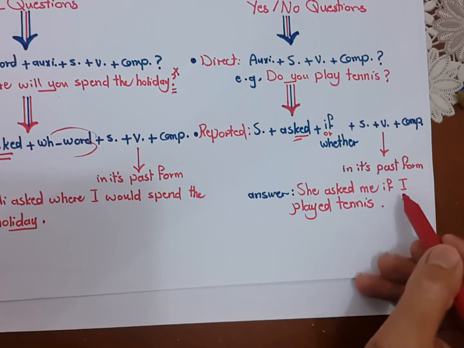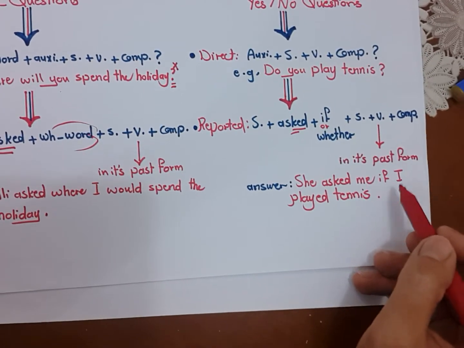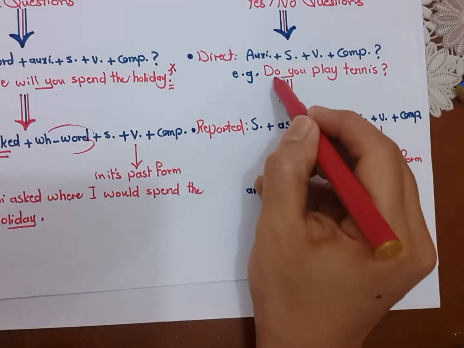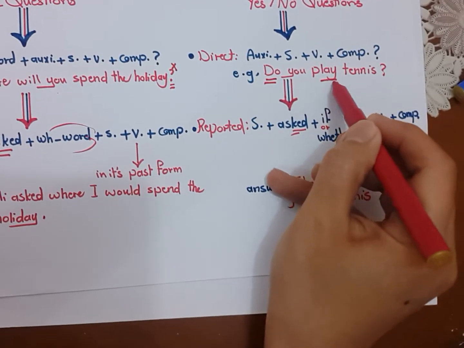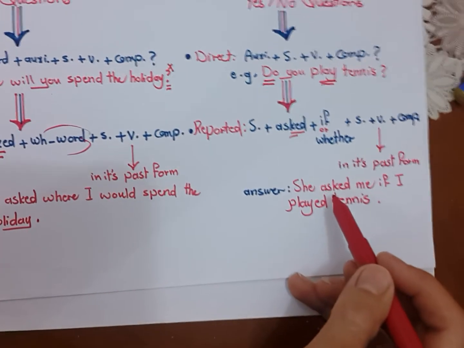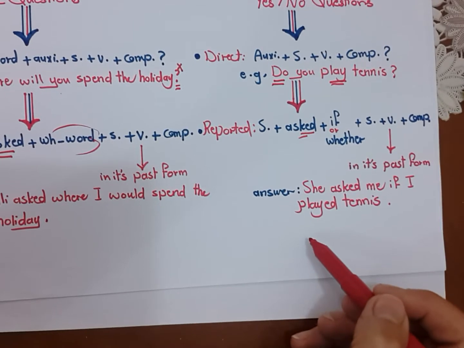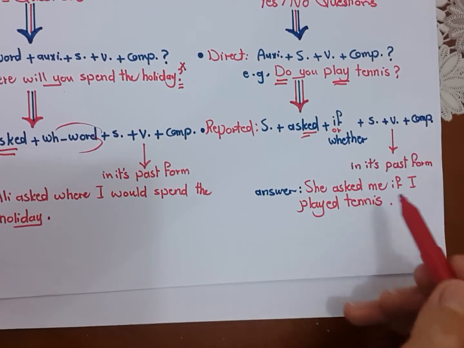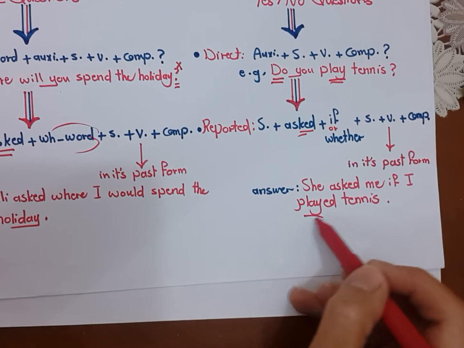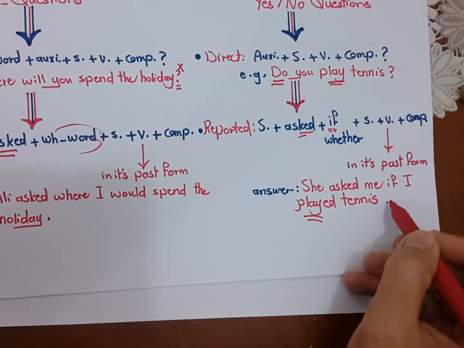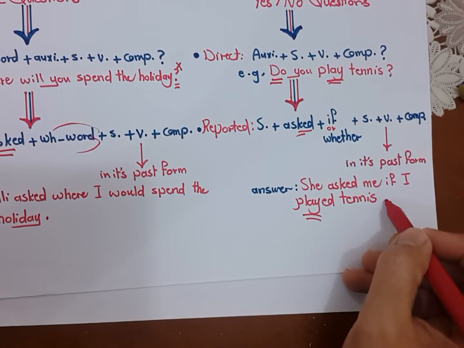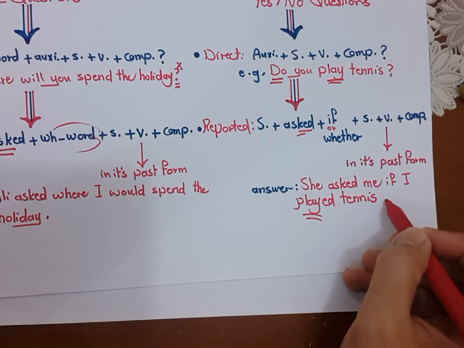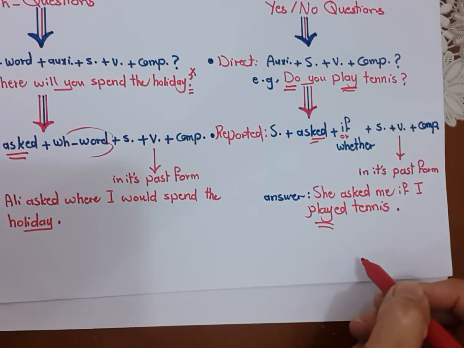You will be I. The tense of the question, do play, is present simple. We simply change it into past simple when it's reported. So, I played tennis. And end your new reported question with a full stop.